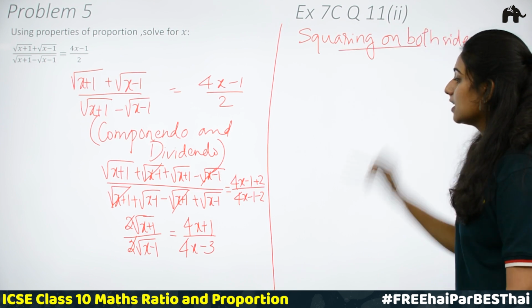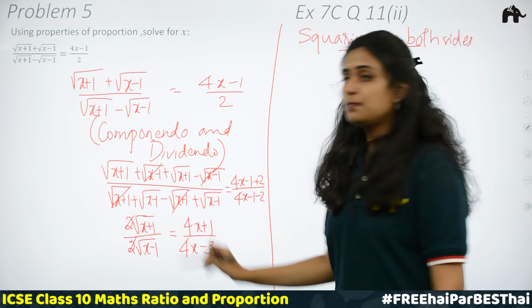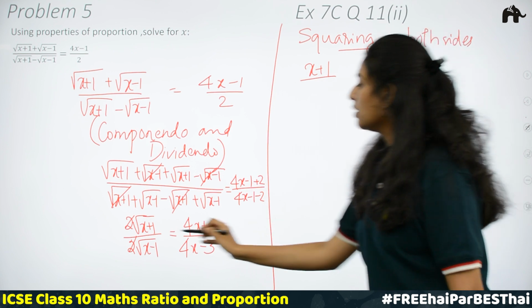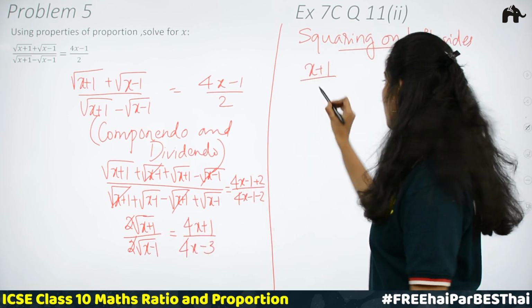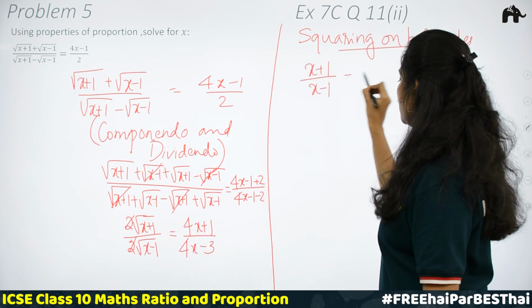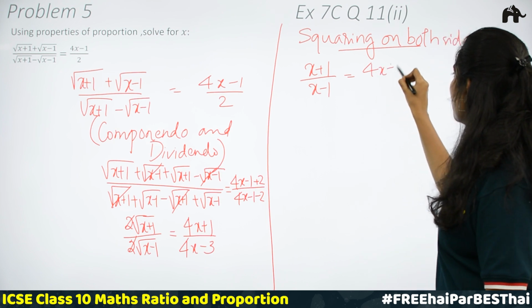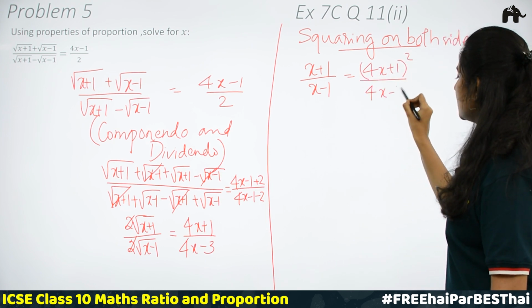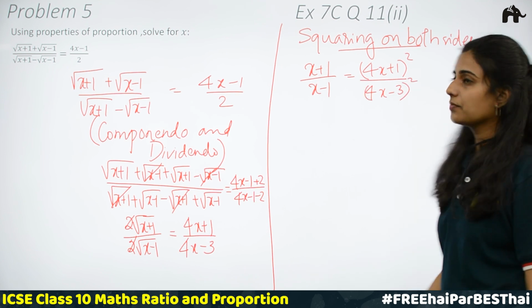We get root of x plus 1 square, that is x plus 1, divided by root of x minus 1 square, that is x minus 1, is equal to (4x plus 1) whole square divided by (4x minus 3) whole square. Okay.